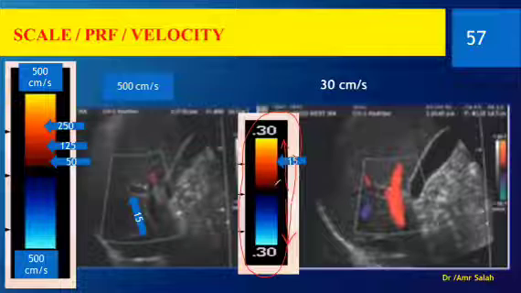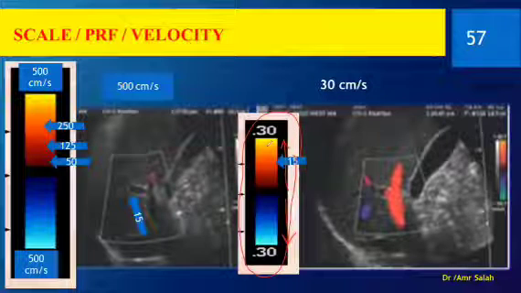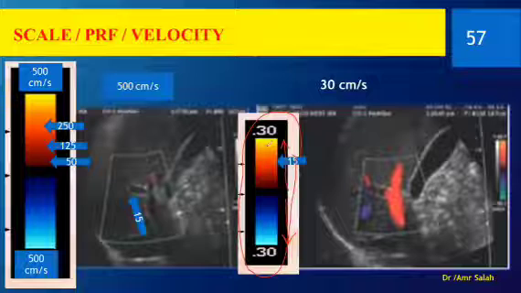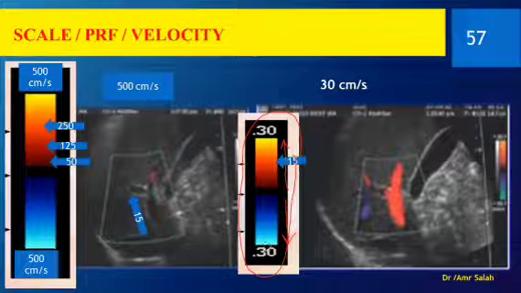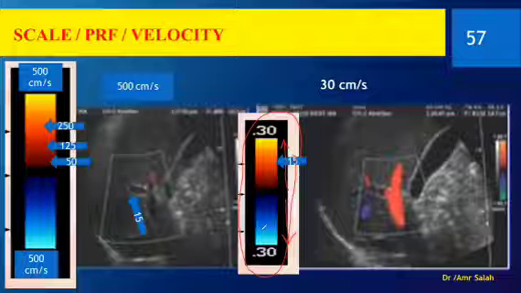Now what about the velocities? The nearer to the baseline, that's the slower, and the further, as such as in the light red or the yellow, is the faster, and here the same, but away from the probe.